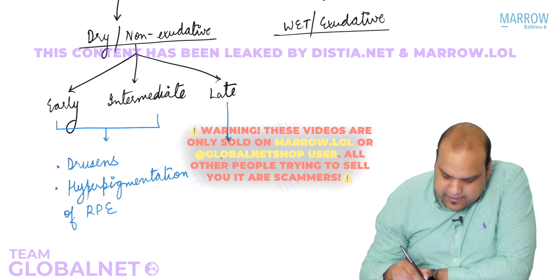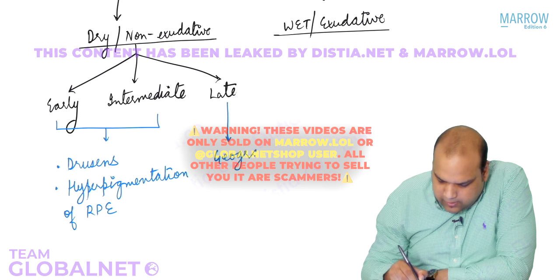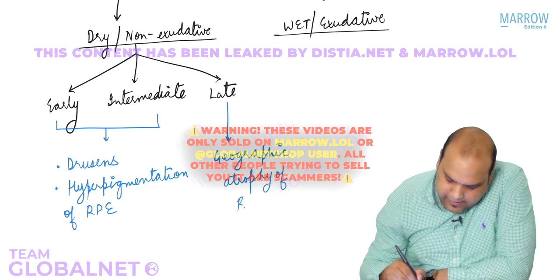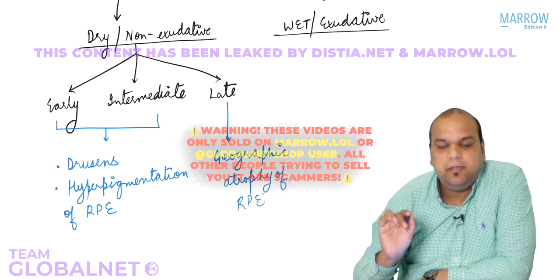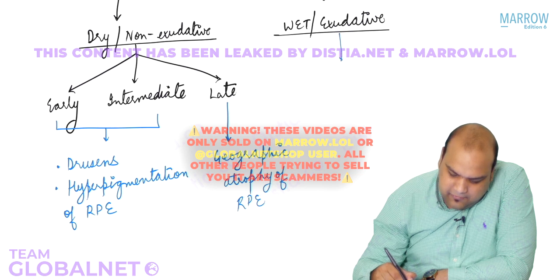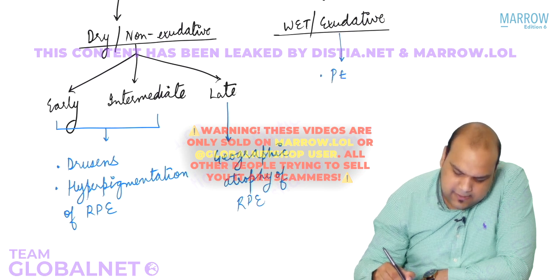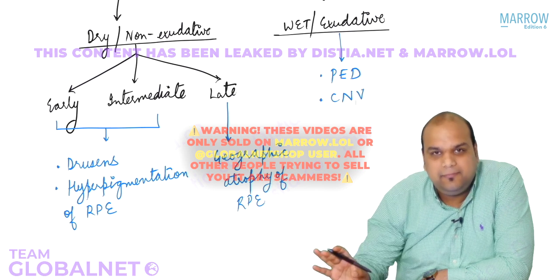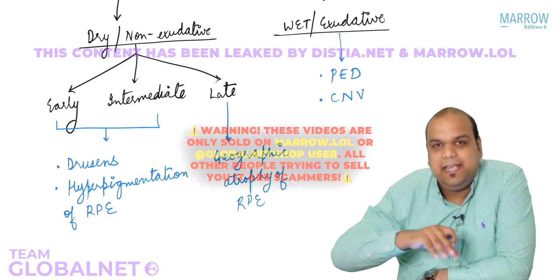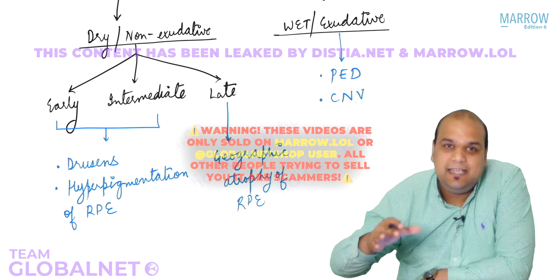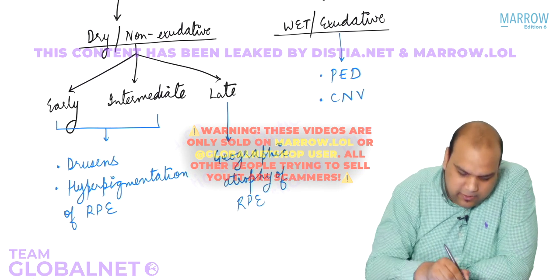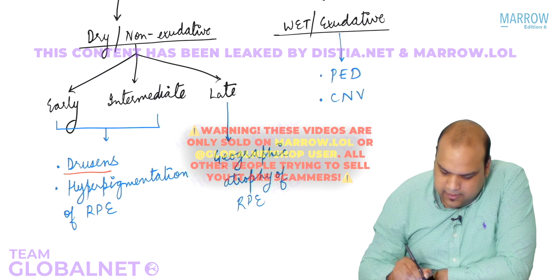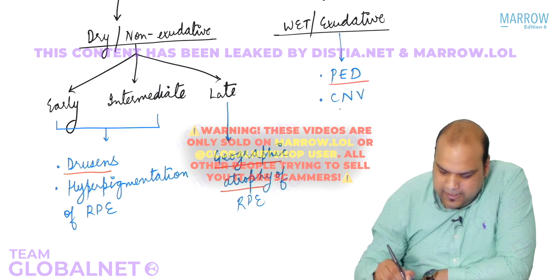The late stage presents with geographic atrophy of retinal pigment epithelium. And the wet, everybody, wet stage presents with two signs which we will discuss: PED and CNV. Okay? So this is basically the names of the types as well as the signs in each group of stage. We are going to discuss some points here, that is drusen, geographic atrophy, PED, CNV.